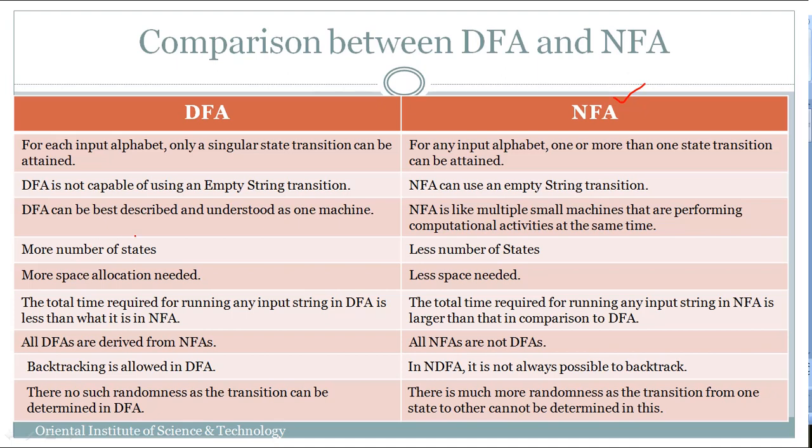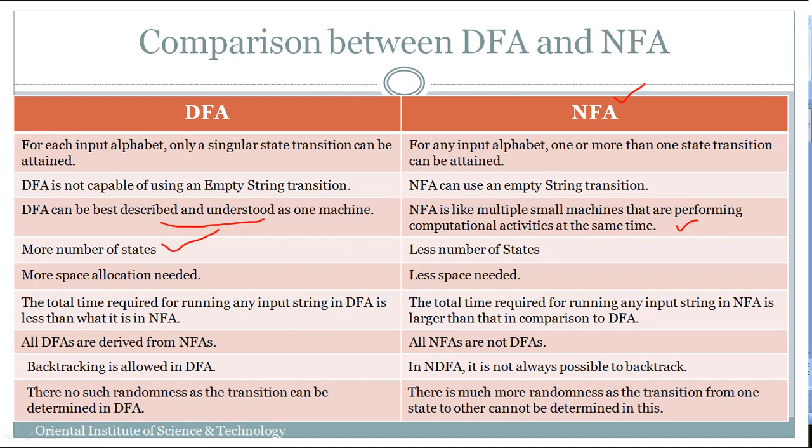DFA is the most easily described and understandable machine, but NFA is somewhat complicated because there is non-determinism. Because of determinism, the total number of states in the DFA is more than in the NFA.